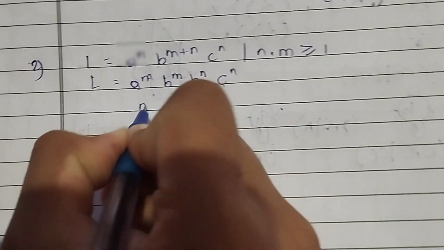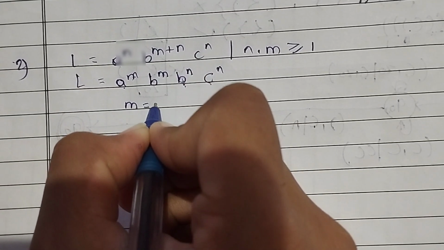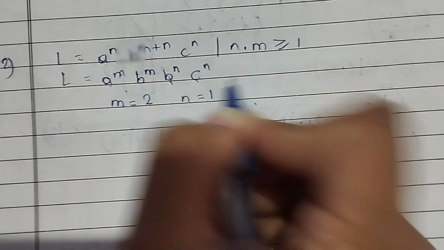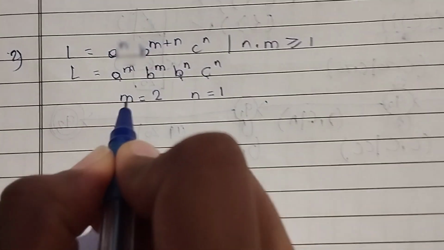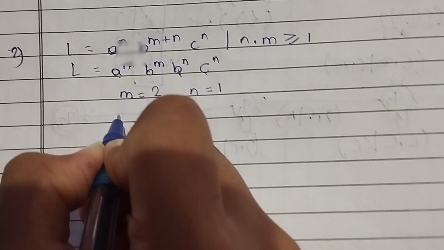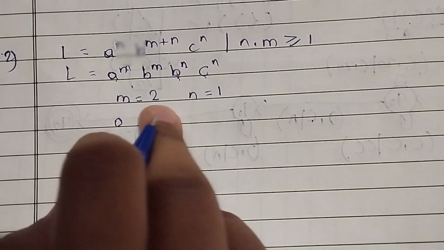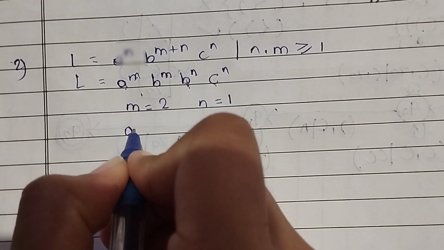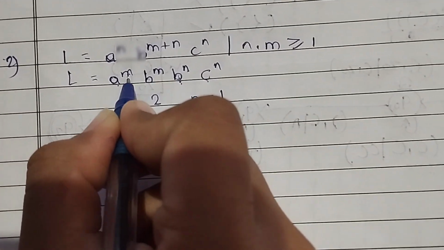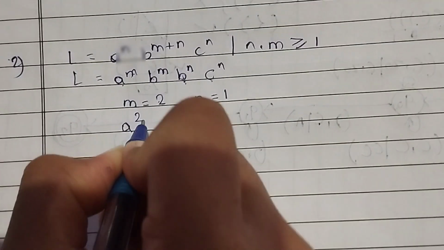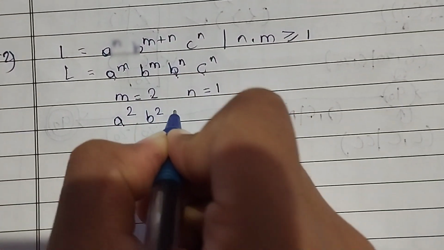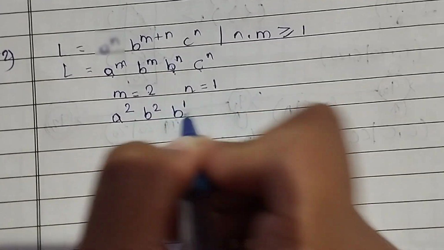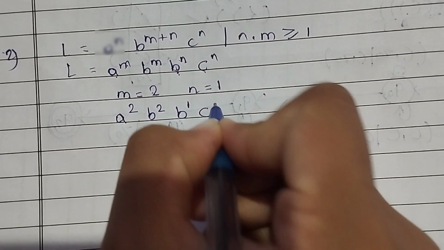Let's suppose m is equal to 2 and n is equal to 1. So you also consider these values and then find the logic. So a raised to m is a raised to 2, b raised to 2, then b raised to 1 since n is equal to 1, and c raised to 1.